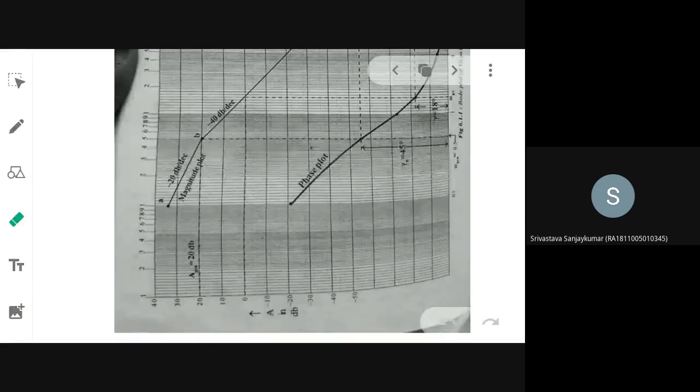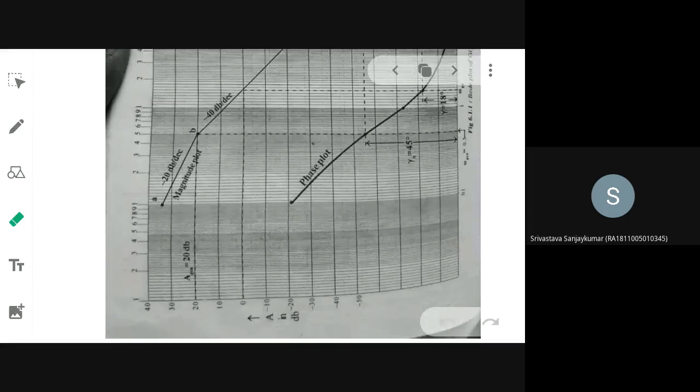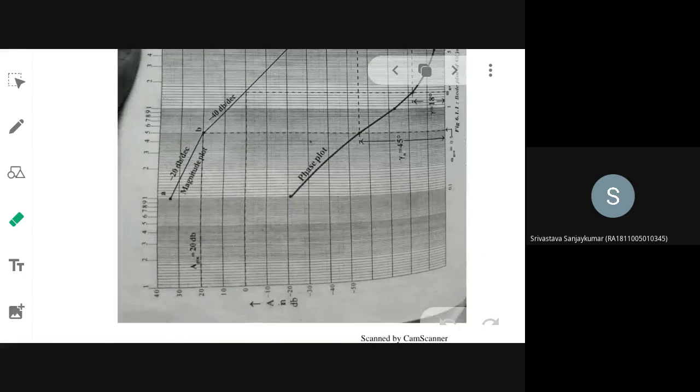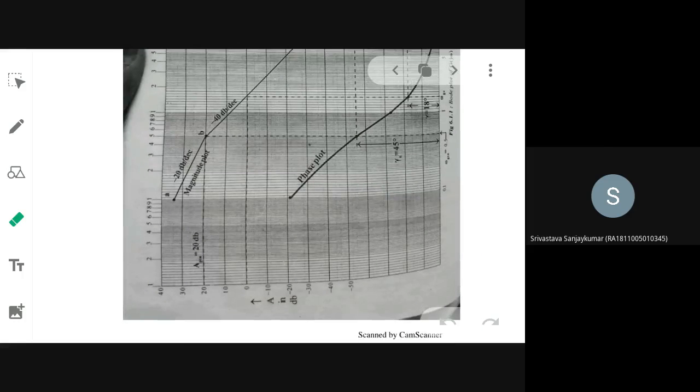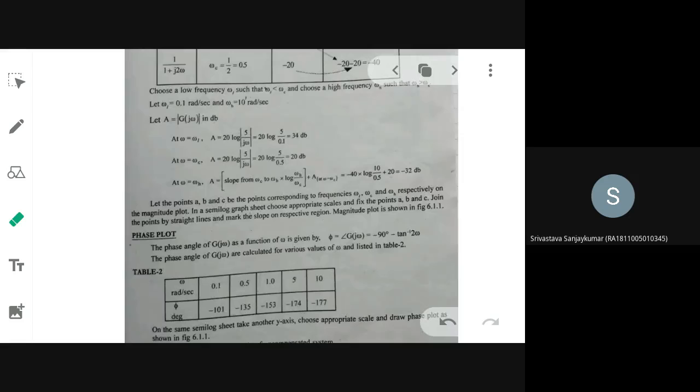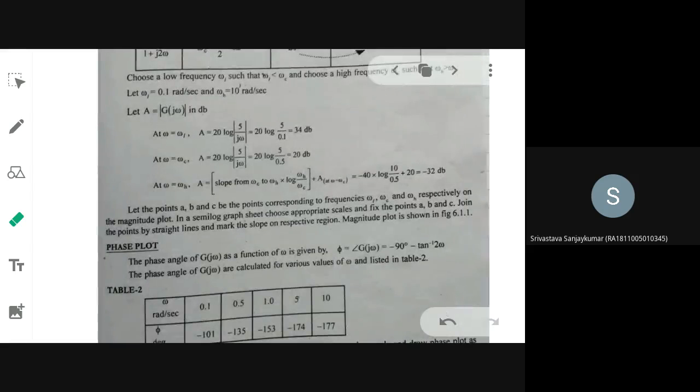Draw the Bode plot as shown. I will just check the gain values that I have got: 34, 20, minus 32. Okay.